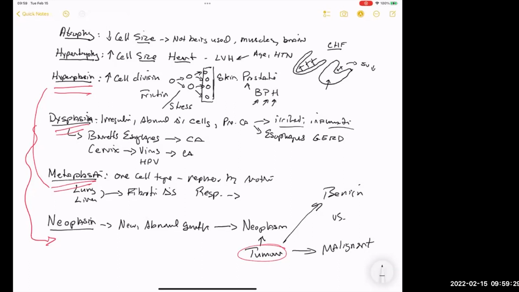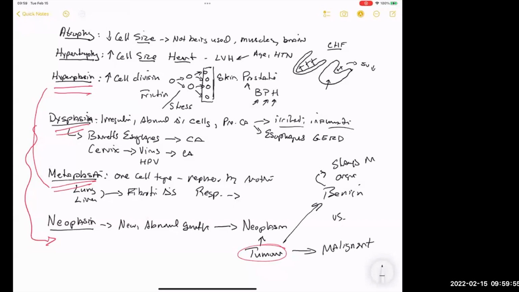So both grow, both can get large, but a benign tumor stays in the area where it originated. So a benign tumor will not spread throughout the body.